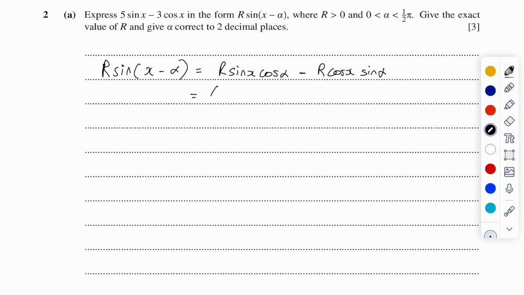That means that we got r cos alpha sine x minus r sine alpha cosine x.